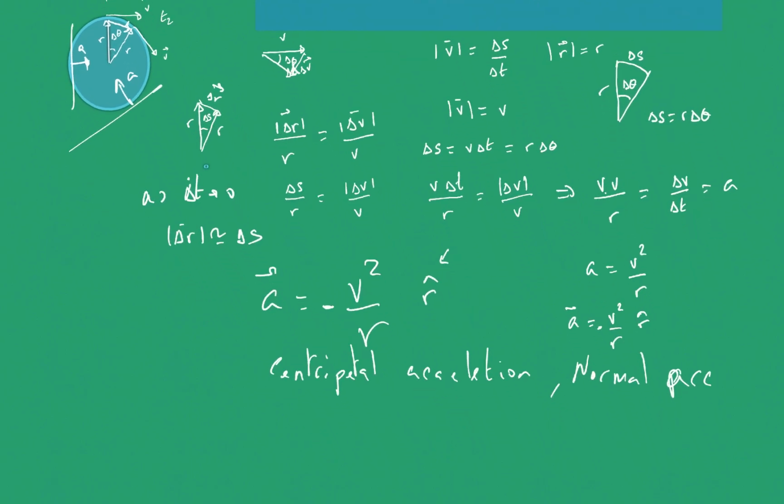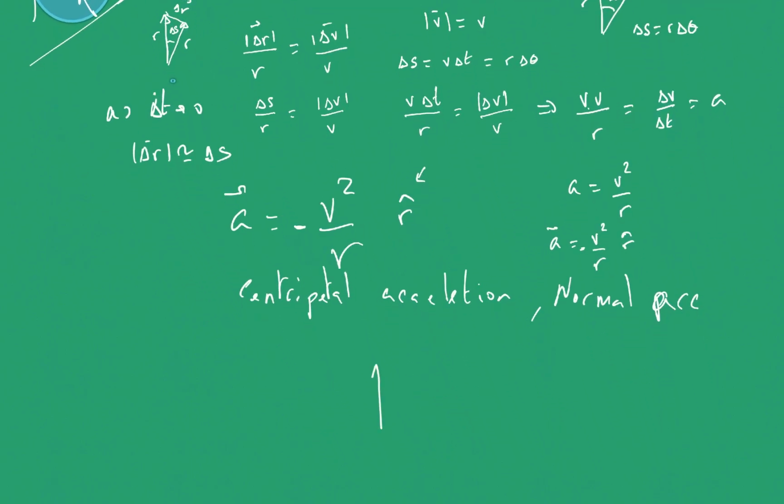So we have a situation where the position is like this, the velocity is like this, and the acceleration is like this. When the object is here, the position is like this, the velocity is like this, didn't change, and the acceleration is like this, and so on.